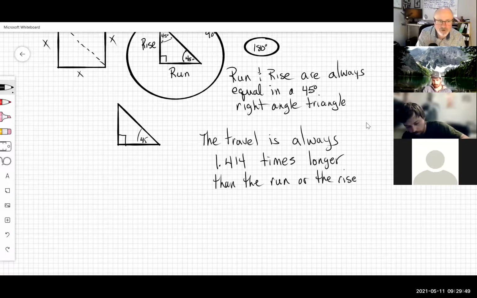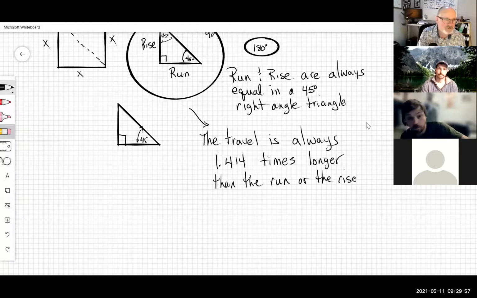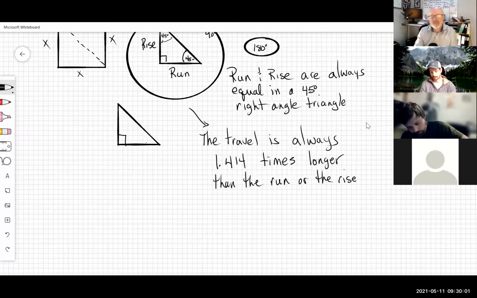In a 45-degree right-angled triangle, the travel is always 1.414 times longer. And we can prove this using Pythagorean theorem.